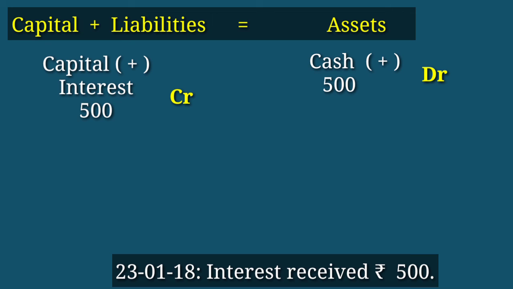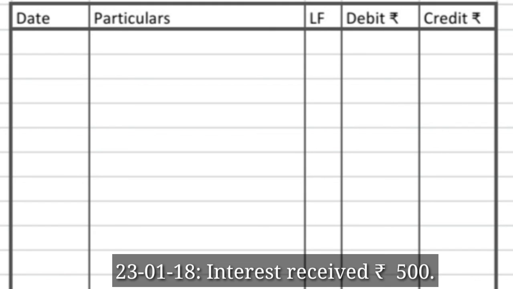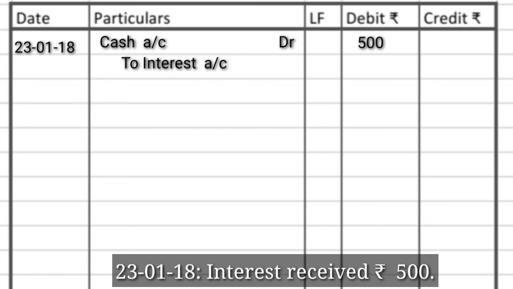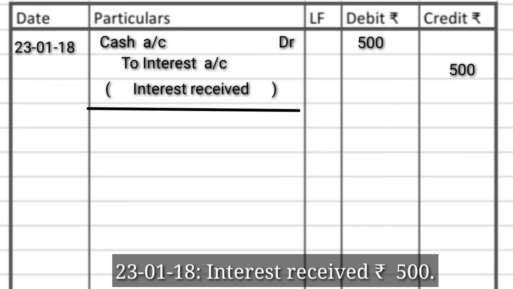Okay. Now we have to write in the journal. In the date column, 23rd January 2018, and particulars. First we need the debit transaction. Here cash account debtor amount column 500 to interest account credit column 500, and the narration is interest received, and draw a single line.